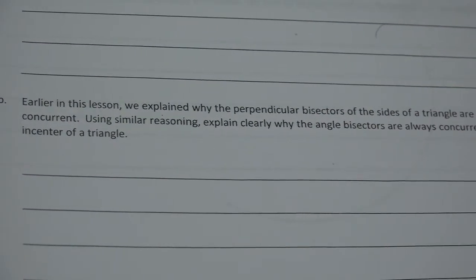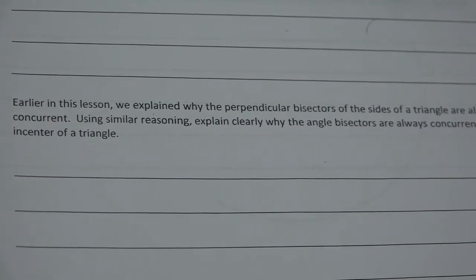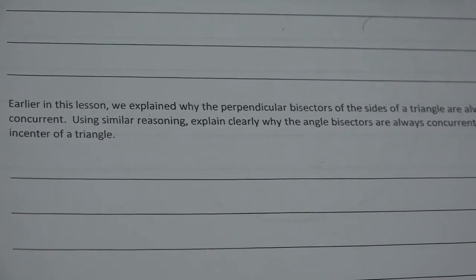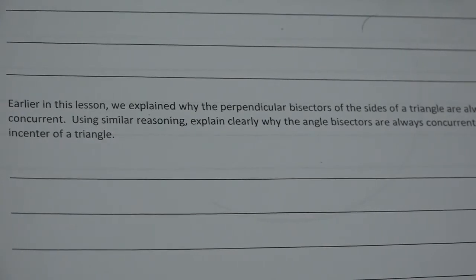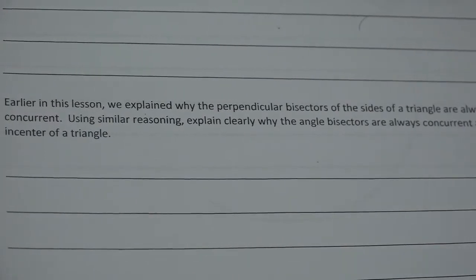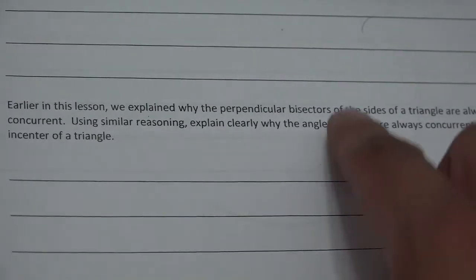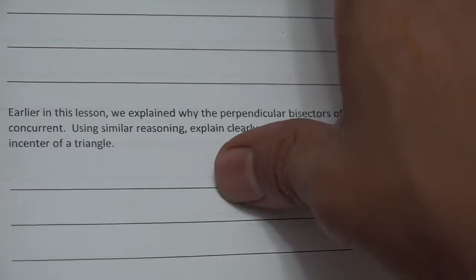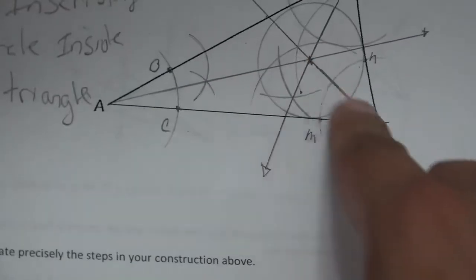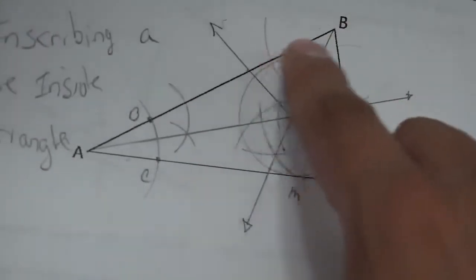Earlier in this lesson we explained why the perpendicular bisectors of the sides of a triangle are always concurrent. Using similar reasoning, explain clearly why the angle bisectors are always concurrent at the incenter of a triangle. Because again you're gonna say the following: the angle bisectors are always concurrent. This angle bisector is always equidistant from the legs of angle C. This angle bisector is equidistant from this leg, and this angle bisector from this leg.